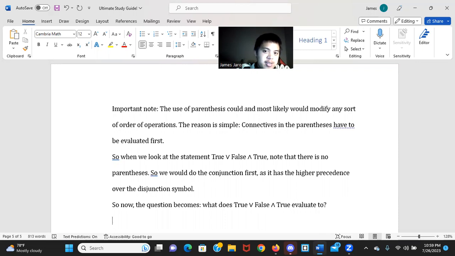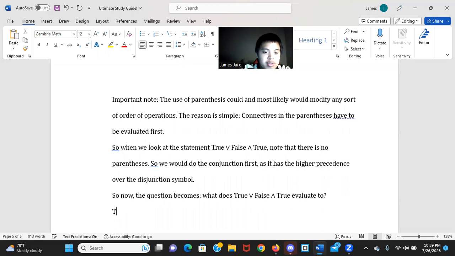And to answer this, we're going to need, obviously, the truth tables. So to answer, we will need to use truth tables to help us out a little bit.